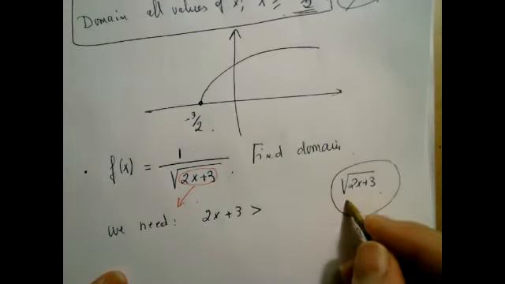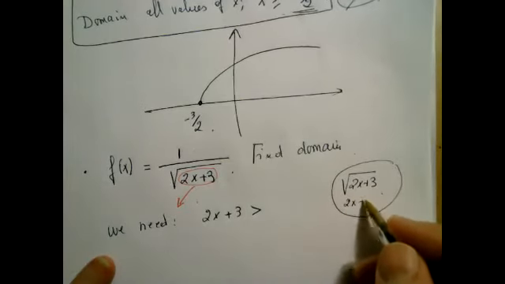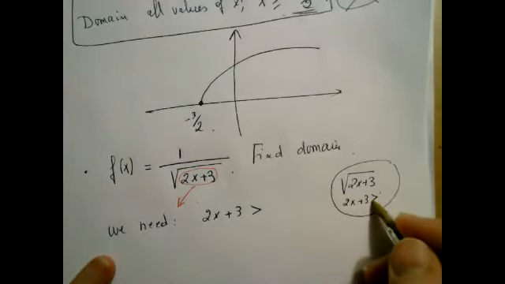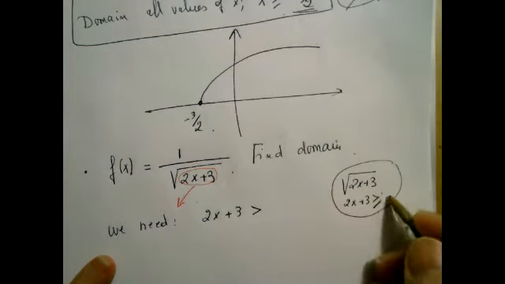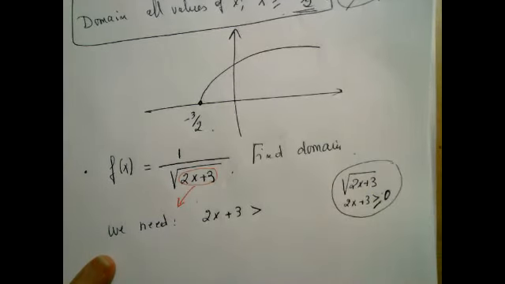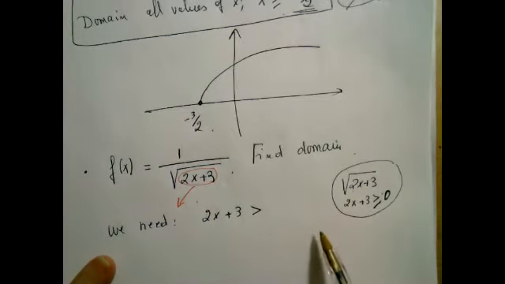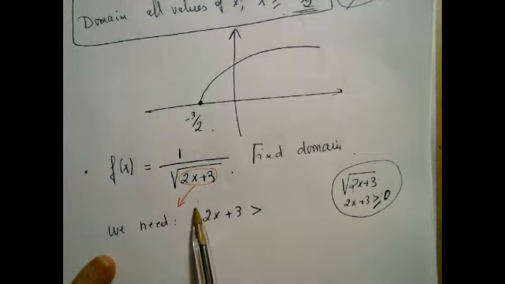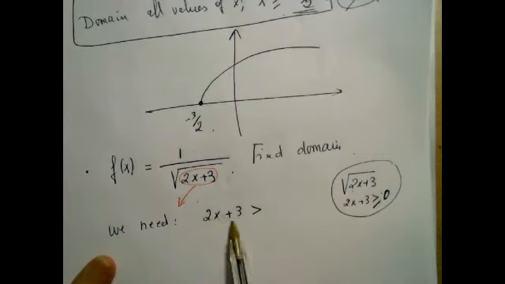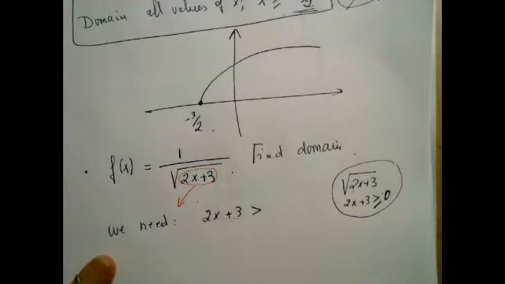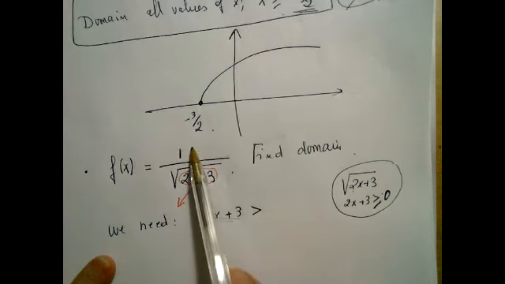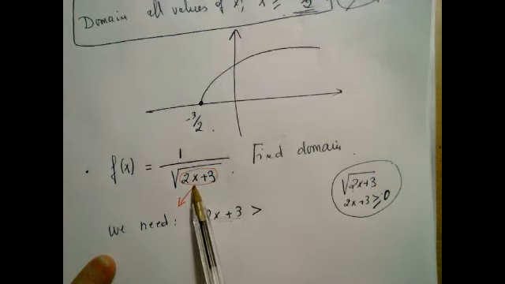When I took this function, I said I want 2x plus 3 positive or equal to 0. And 0 here is allowed because the square root of 0 is 0. What's happening in here? Can I allow this expression to take the 0 value? If I allow this to take 0 value, I will have 1 over the square root of 0.